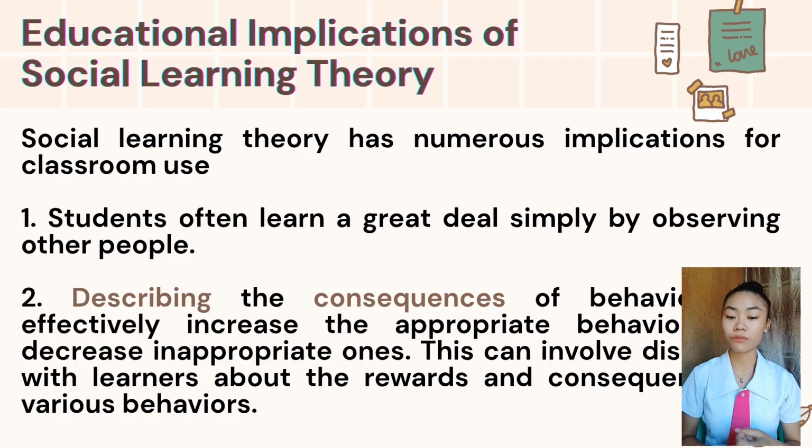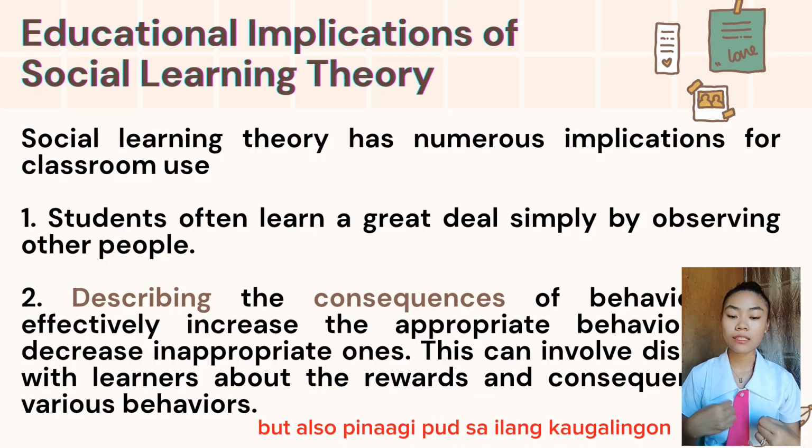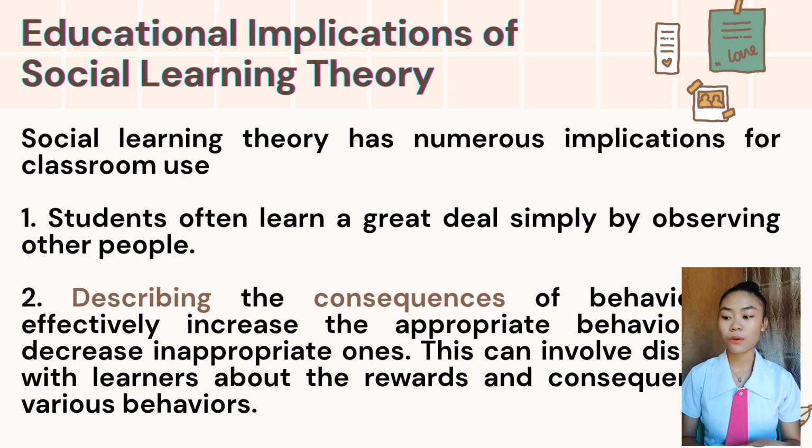First is the students often learn a great deal by observing other people. So, learners can gain knowledge or behavior by watching others, or by watching what they do, and they can learn not through the teacher but through themselves. So, when students watch teachers, classmates, or other people's tasks, they can learn how to do it by observing and imitating it.